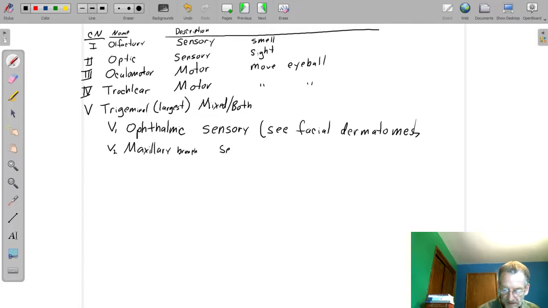And that is sensory for all upper teeth. And I'm going to say again, see facial dermatomes.